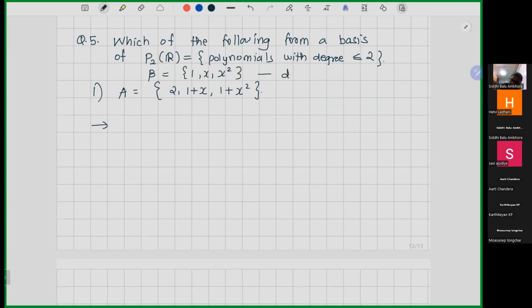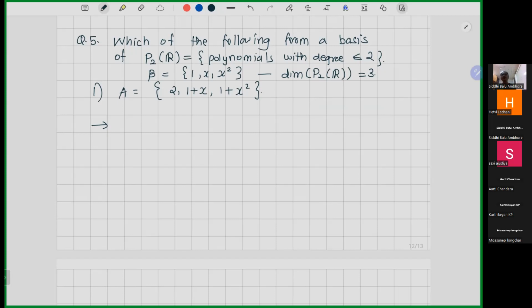And what this gives me is that the dimension of P2R is 3. Okay, so it is known that if the dimension of some vector space is, for example, k, then any basis for that vector space will have k many elements. Okay, it's true. And why? Because here we have 3 elements.